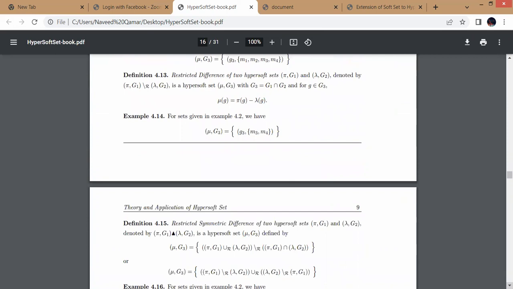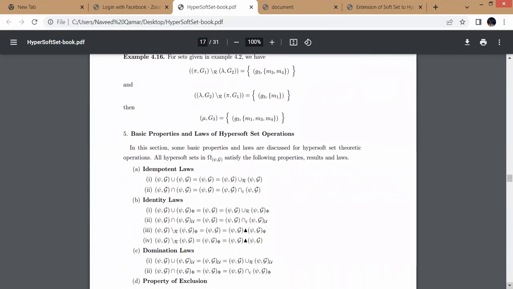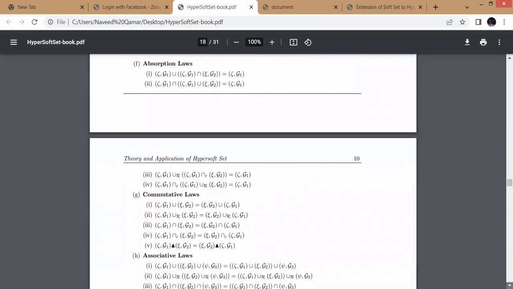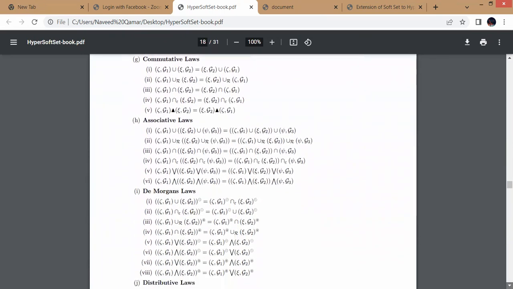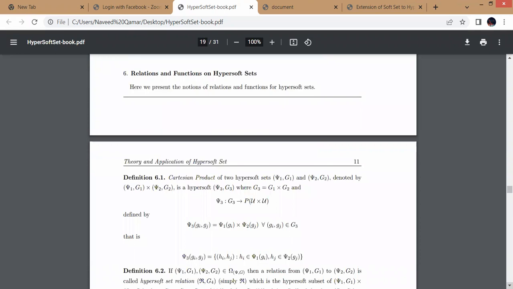These are examples related to the hypersoft set. These are properties. We had discussed all of these properties in our previous soft set theory paper. So idempotent laws, identity laws, dominant laws, properties of exclusion, property of contradiction, absorption laws, commutative laws, associative laws, De Morgan laws, distributive laws. Now, relation and function of the hyper subset.